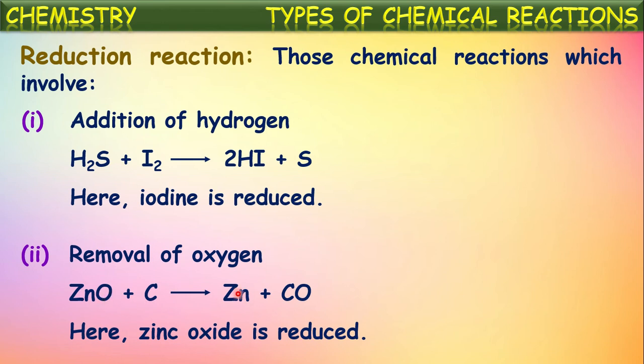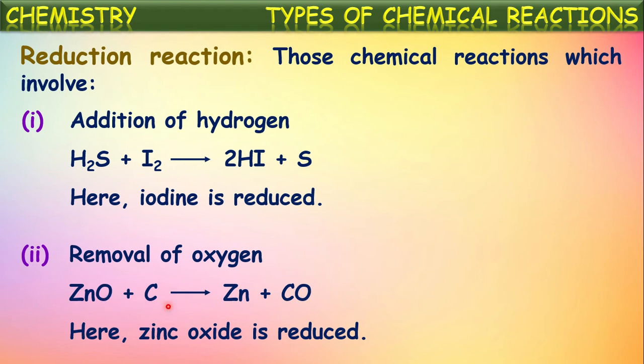But after the reaction, oxygen is removed from zinc oxide, and it remained as zinc, isn't it? So zinc oxide lost its oxygen. That loss of oxygen is said to be reduction. Now we can say here zinc oxide is reduced.